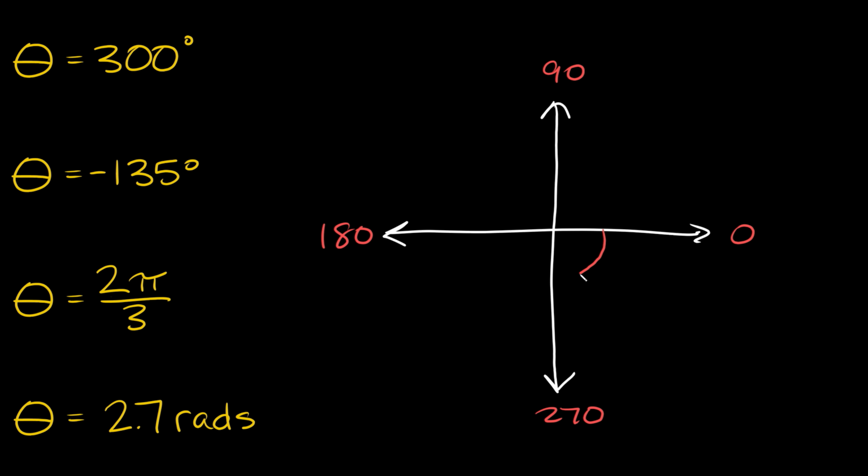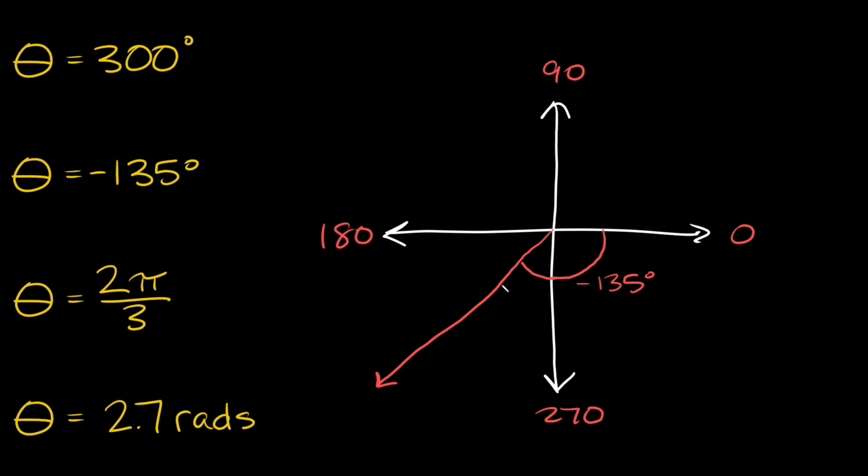This is 90 degrees, and to get from 90 to 135, we have to rotate another 45 degrees. So we're exactly halfway between 180 and 270, something like that. This angle right here is negative 135 degrees.